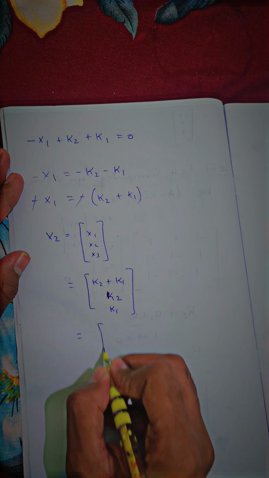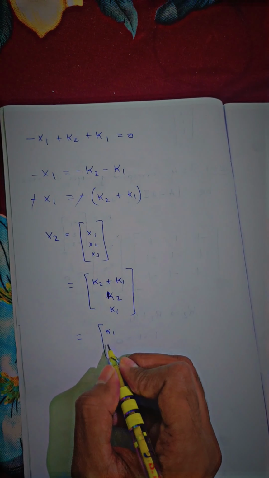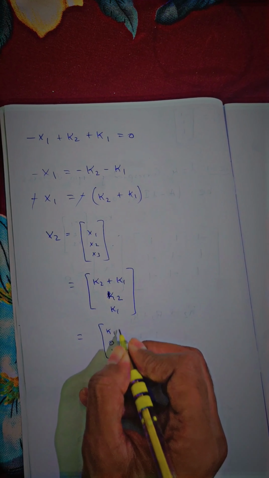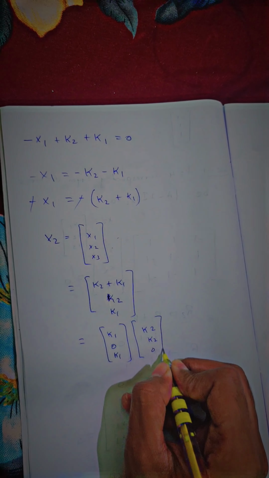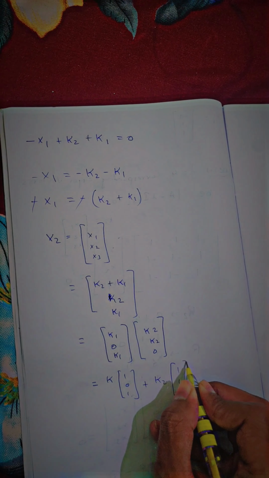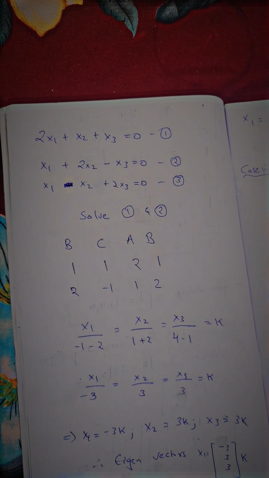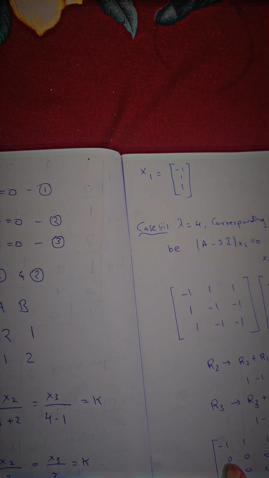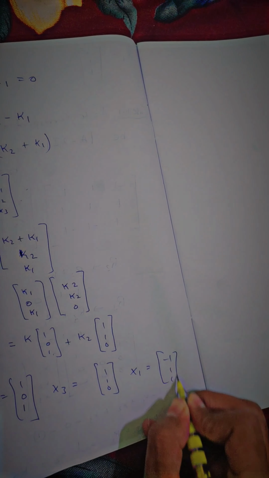So here it is k1 times 1 0 1 plus k2 times 1 1 0. So x2 is equal to 1 0 1, x3 is equal to 1 1 0. So here we get x1 is equal to minus 1 1 1.